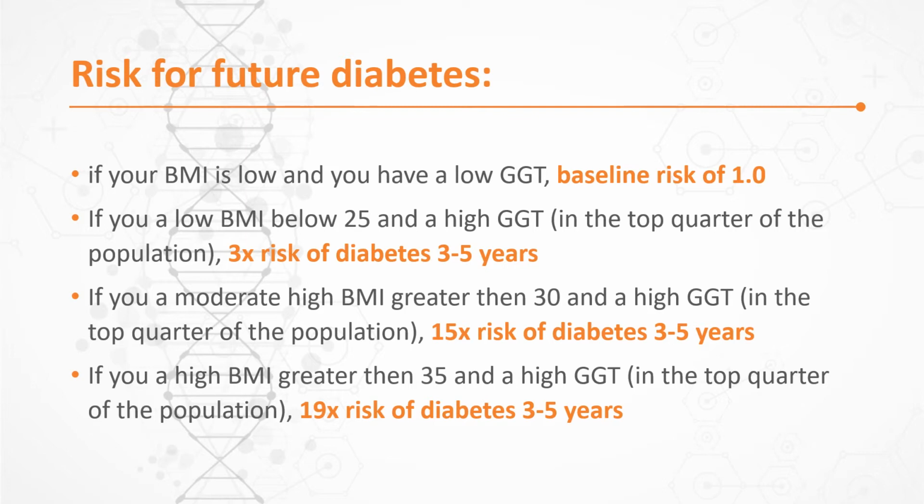If you have a high BMI and a high GGT in the top quarter of the population, you have a 19x risk of diabetes. So GGT is a major player in your next 3 to 5 year, and even 7 and 10 year, risk of diabetes and metabolic syndrome.